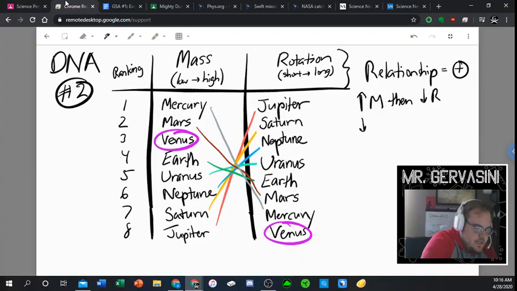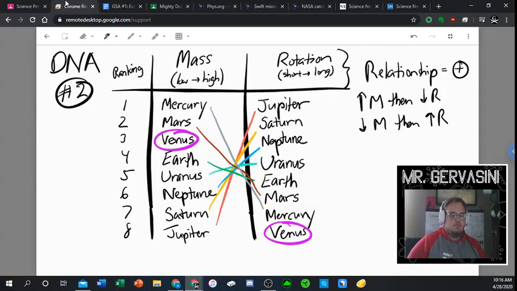Or, as mass decreases, then it takes a longer period of time to turn on the axis. I'm sorry, I just did positive. Just looking at chat. It's negative. I'm sorry. This is doing the opposite. Variables work opposite.